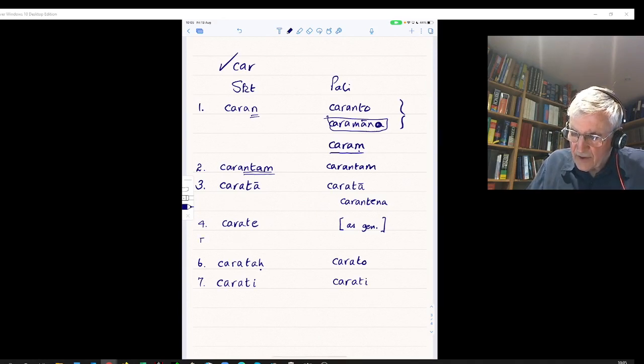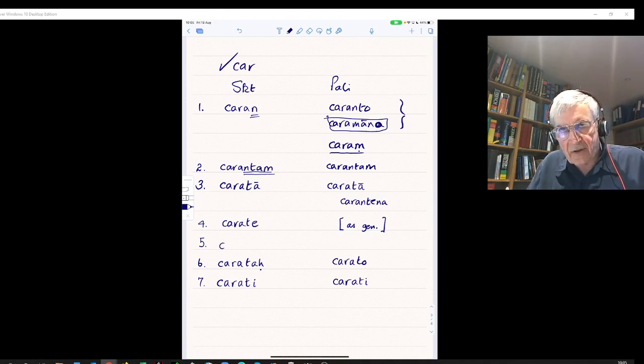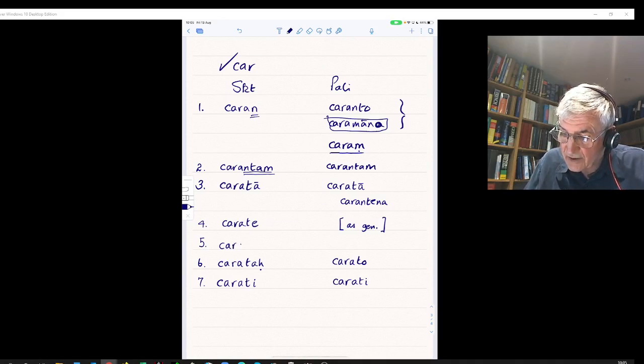Now let's look at the ablative. In Sanskrit, in the consonantal declension, in the masculine and neuter singular, the genitive and the ablative are the same. They're both charataḥ.